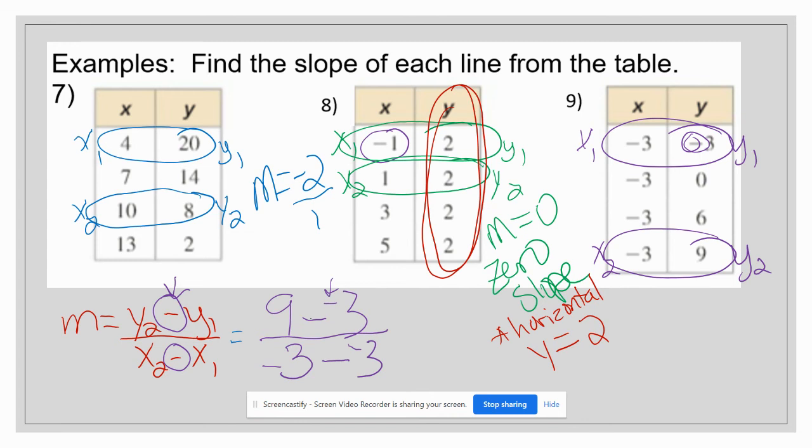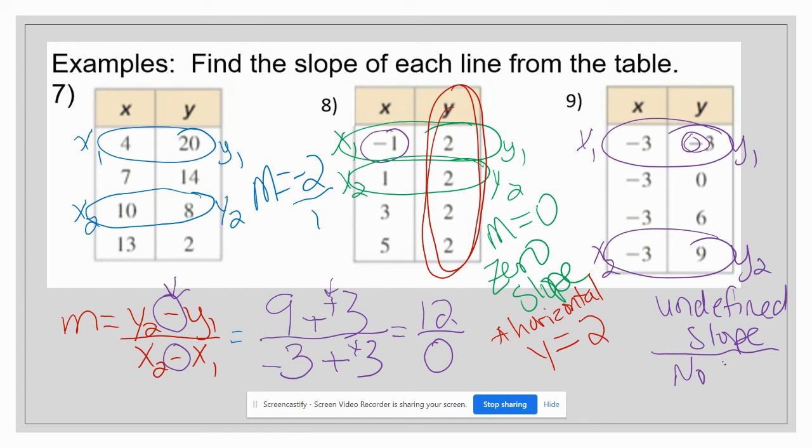So if I add the opposite, that's 9 plus 3 on the top, which is 12. On the bottom, add the opposite. Negative 3 plus 3 is 0. Uh-oh. Well, we can't have 0 in the denominator. That is undefined. So we have undefined slope.